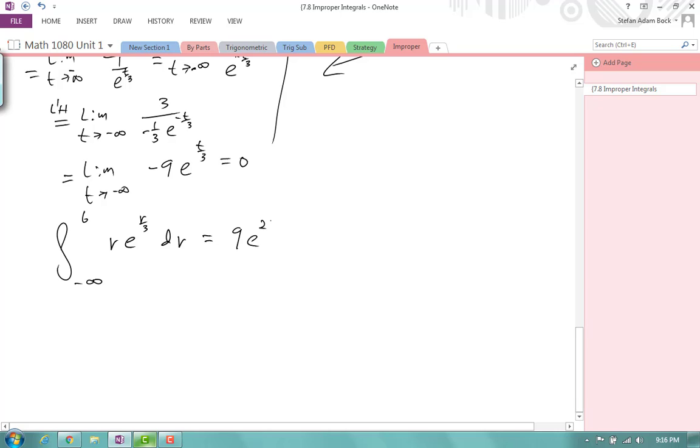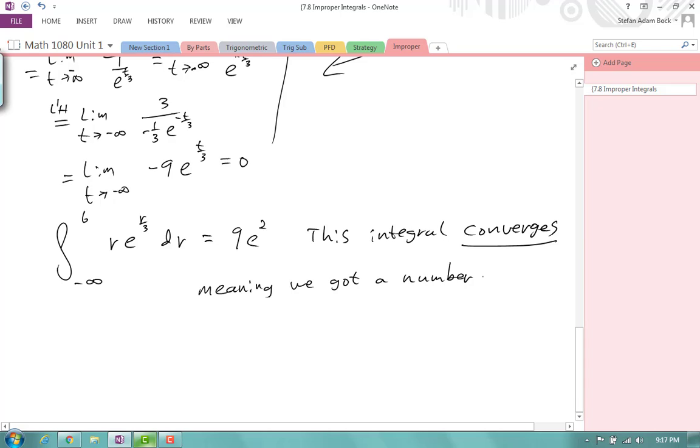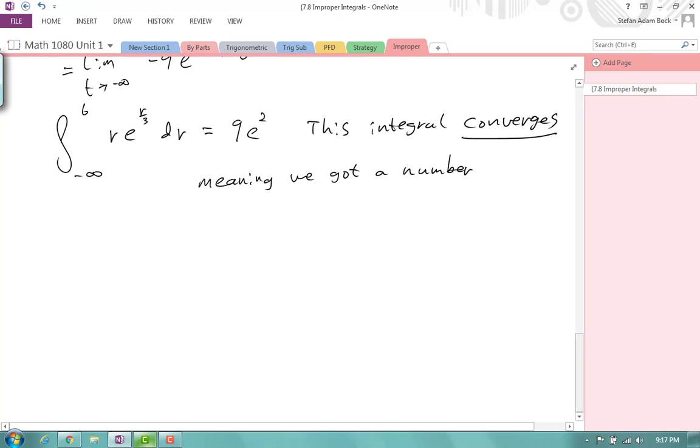Now when this happens, when I get a number out of this limit, we say it converges. If we don't get a number, if we get a limit which doesn't exist, which can happen, or if we get a limit which is infinite, then it diverges.